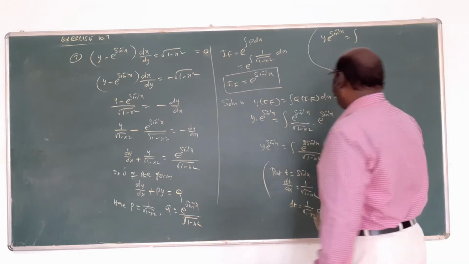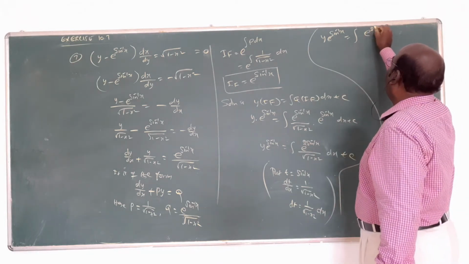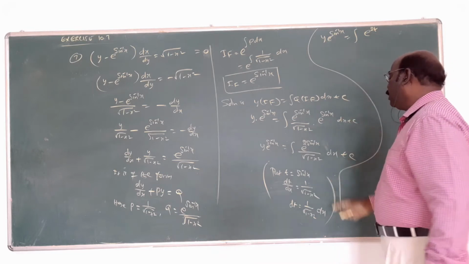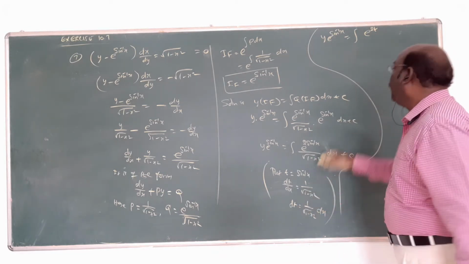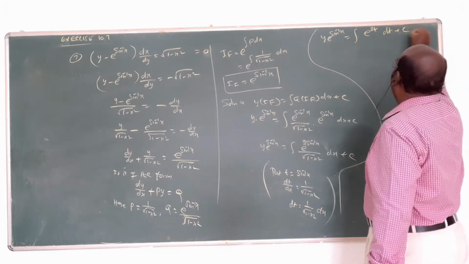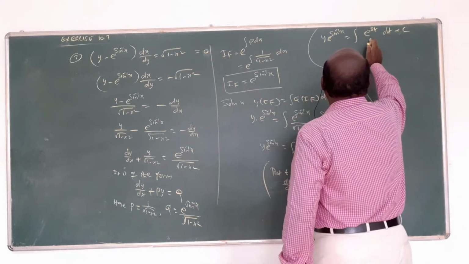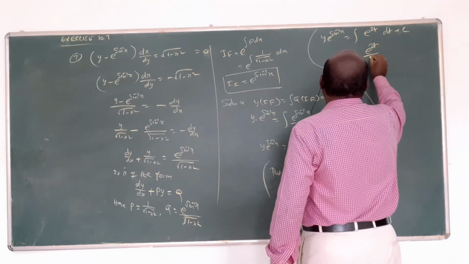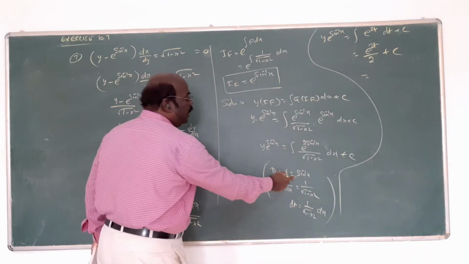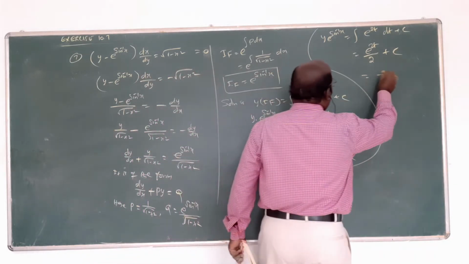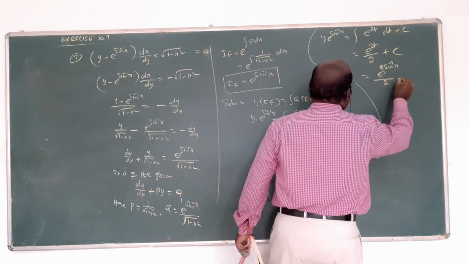Right hand side is e power 2t, and dx by root of 1 minus x square becomes dt. Now the integration of e power 2t becomes e power 2t by 2 plus c. Once again replace the value of t. That is the answer: e power 2 times sin⁻¹x by 2 plus c.